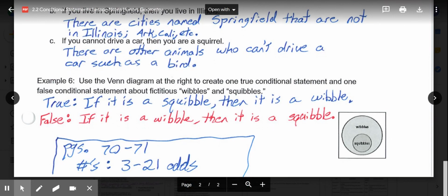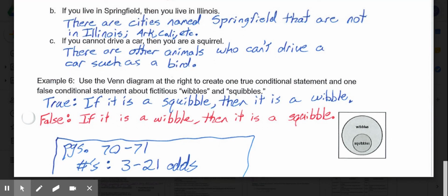And then part C, if you cannot drive a car, then you are a squirrel. Well, there are many creatures and animals who can't drive cars, such as a bird who is not a squirrel. So simply because you cannot drive a car does not necessarily make you a squirrel.